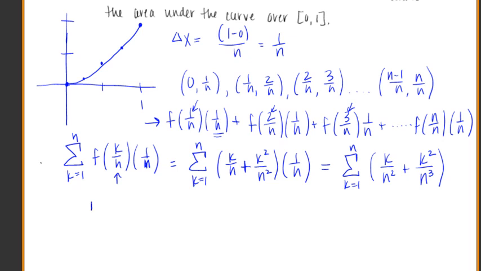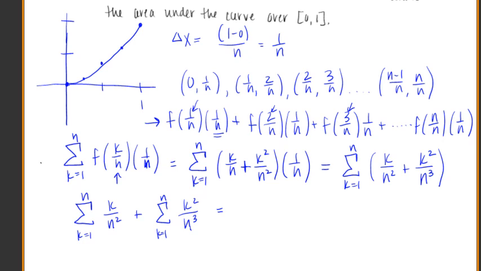So we can just isolate and try to get an answer for both of them. So it's going to be k equals 1 to n of just k over n squared, and then plus the summation of k equals 1 to n of k squared over n cubed. Alright, so let's keep going.